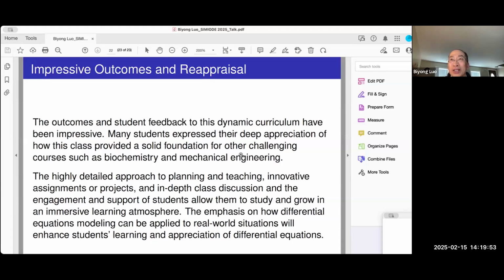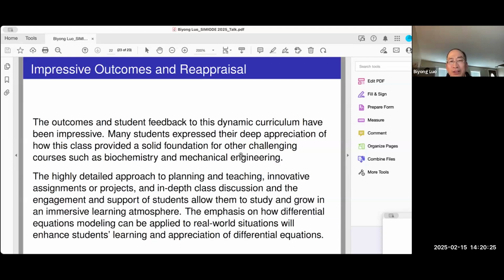My shared experience here is that we need a highly detailed approach to planning and teaching, especially using very effective or innovative assignments or projects, in-depth class discussion, examples, or hands-on homework problems to allow students to start and grow in an immersive learning atmosphere.